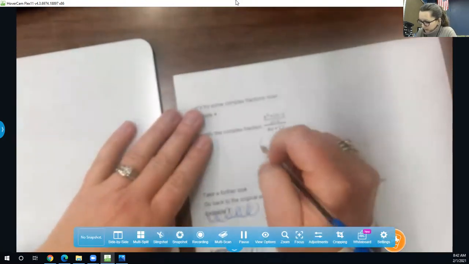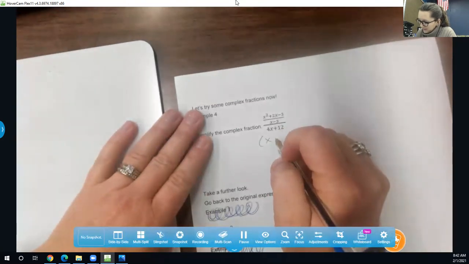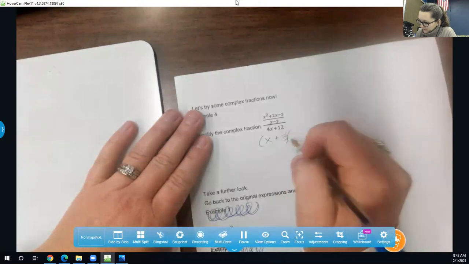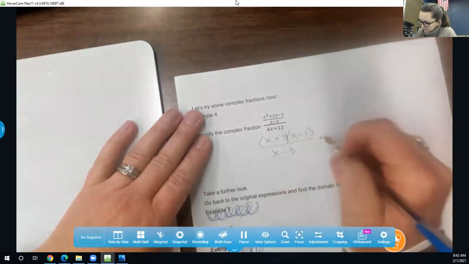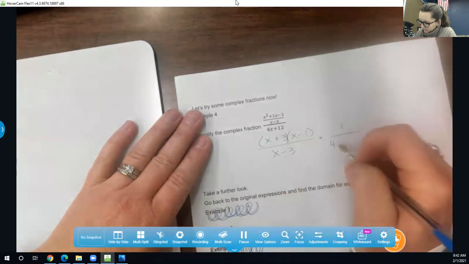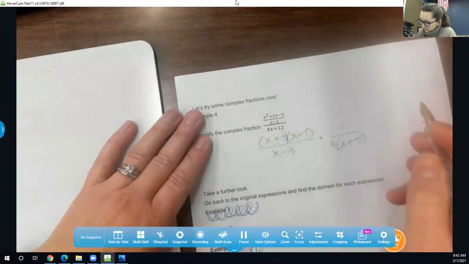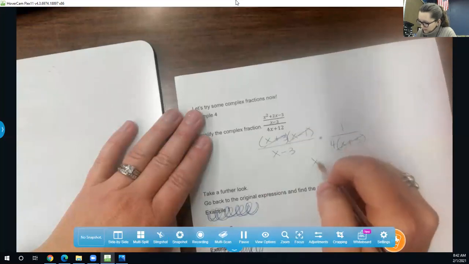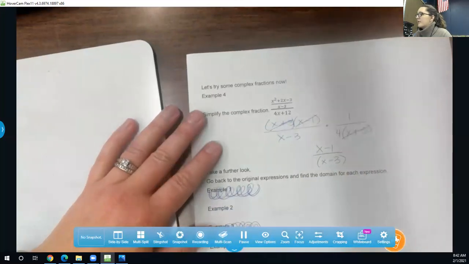We simplified it already, so we'll do that really quickly again. You can speed through this part if you want to. Plus 3, x minus 1, x minus 3. This was 1 over 4, x plus 3. All right, so we simplified to x minus 1 and x minus 3. What does that look like on the graph?